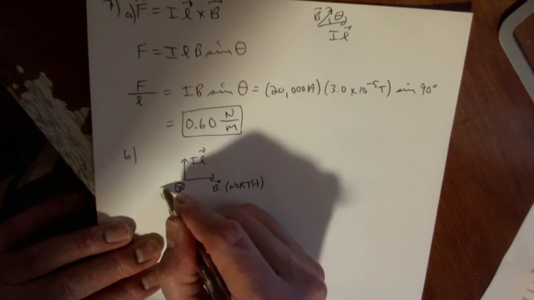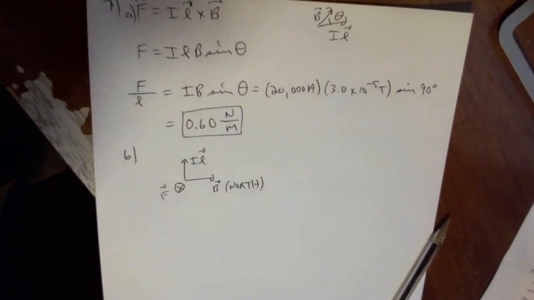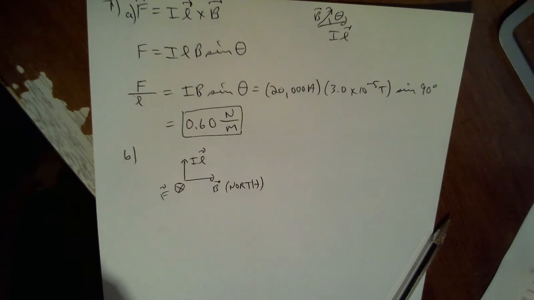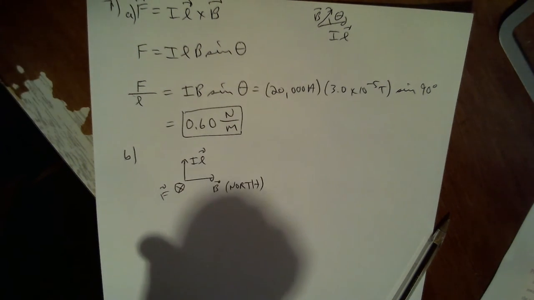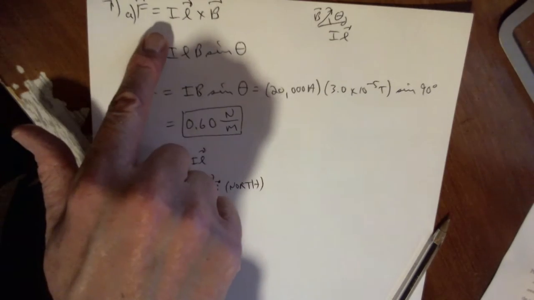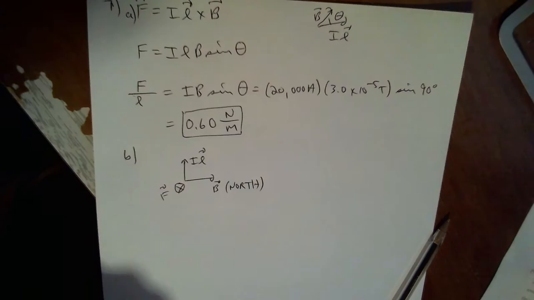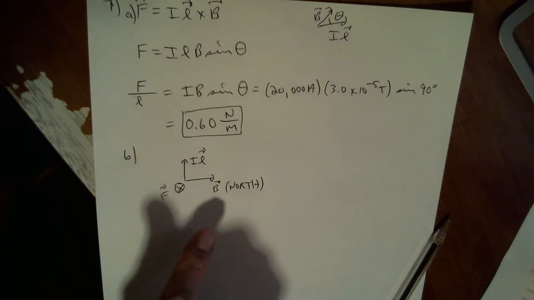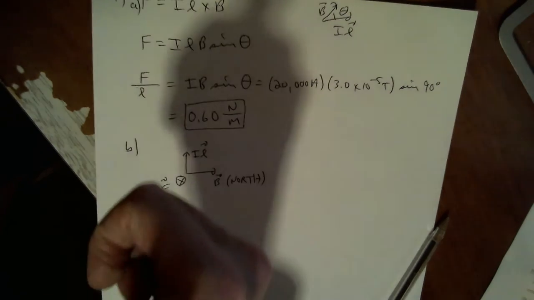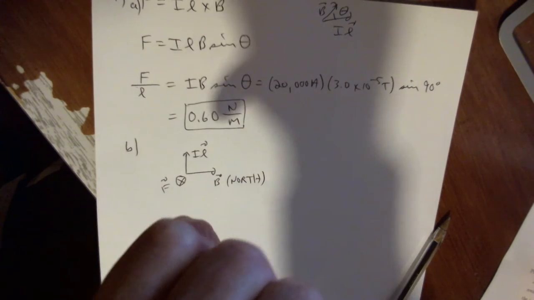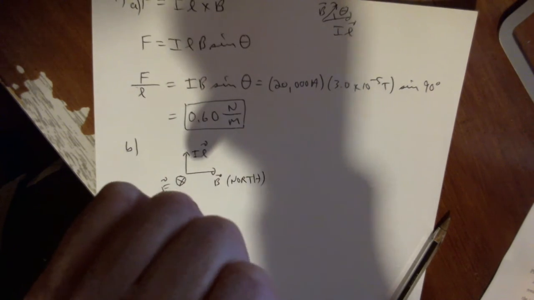I'm going to talk about what compass direction that is in a second. But remember, the other way to think about the right-hand rule: the force, which is the cross product, has to be perpendicular to both of the vectors, IL and B. IL and B are in the plane of the page, so the force has to be either up out of the page or down into the page.